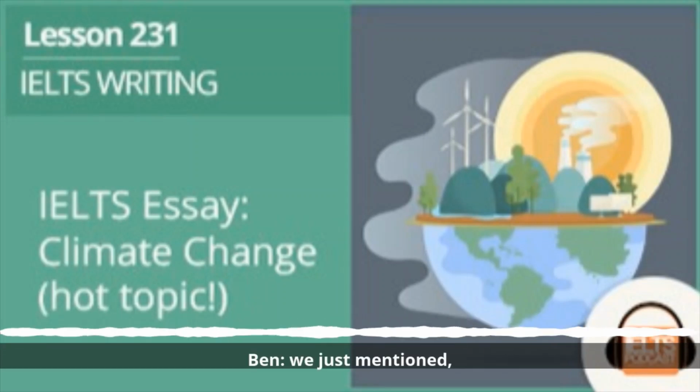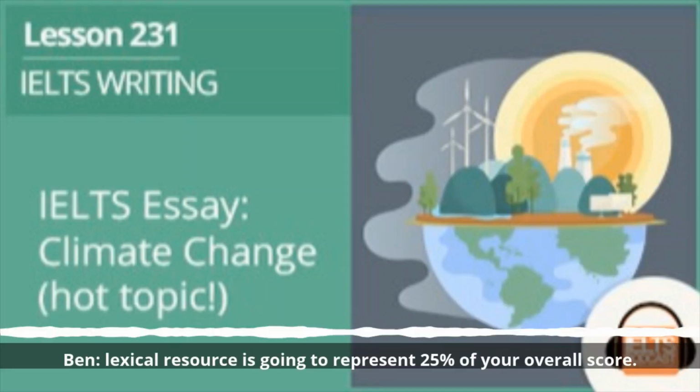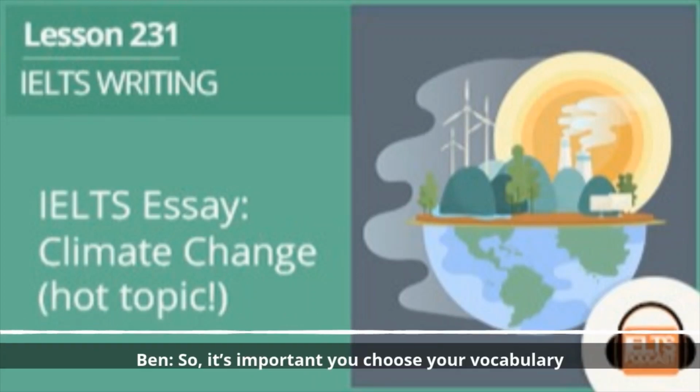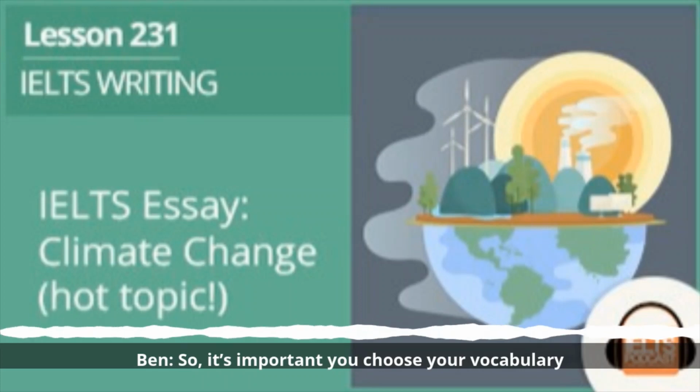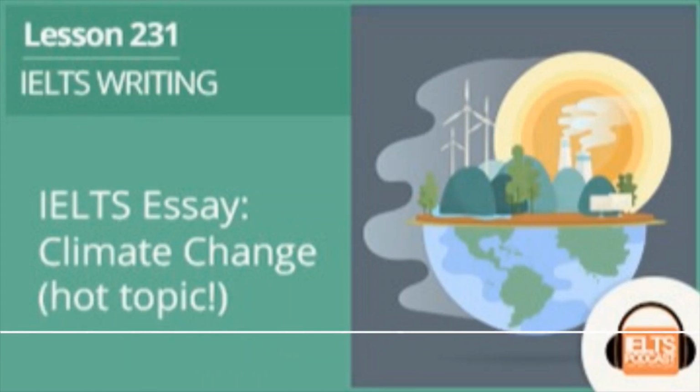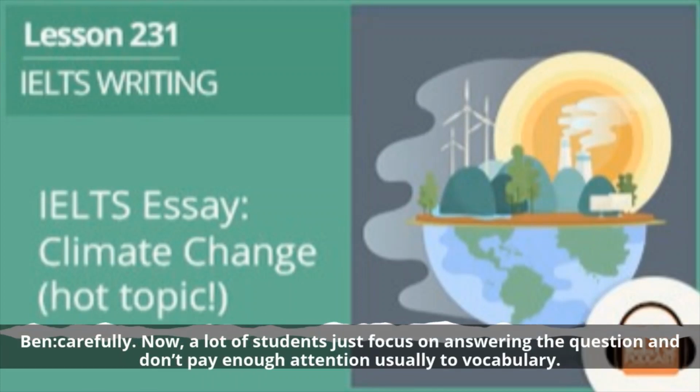So as we just mentioned, lexical resource is going to represent 25% of your overall score. So it's important you choose your vocabulary carefully. Now, a lot of students just focus on answering the question and don't pay enough attention, usually, to vocabulary.